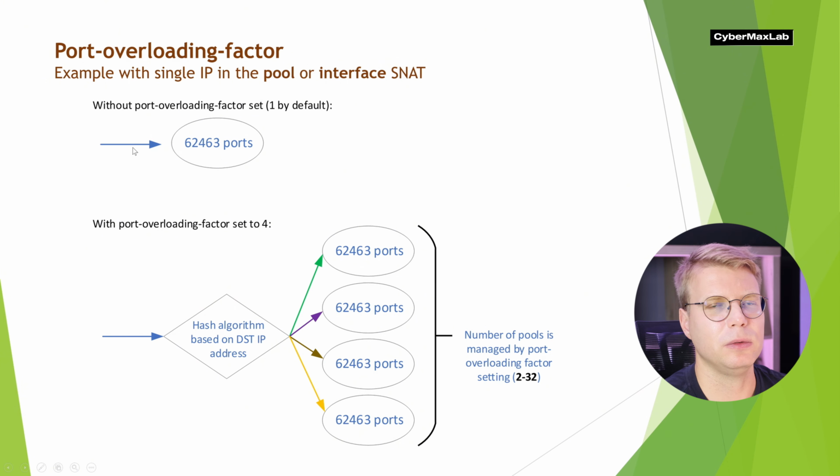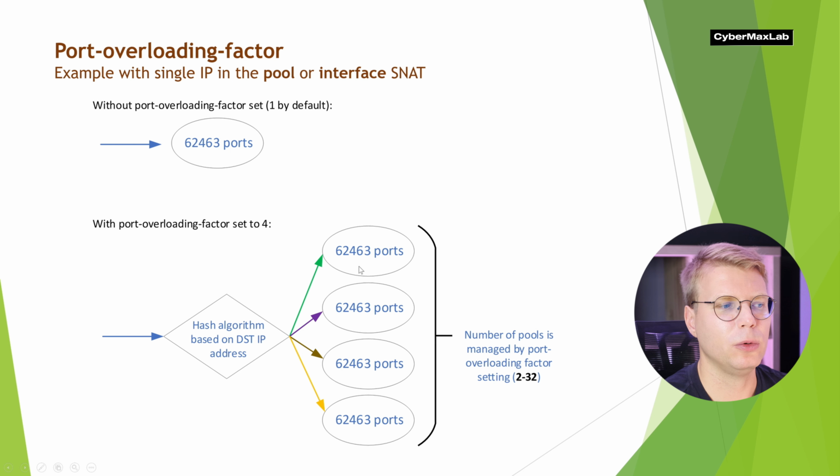And when a session is ready to be established, it just takes one port from the pool and is translated. In the example where the port overloading factor is set to 4, there are basically 4 copies or 4 subpools created, containing all the available ports for that one IP address.